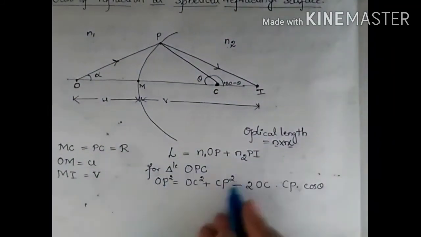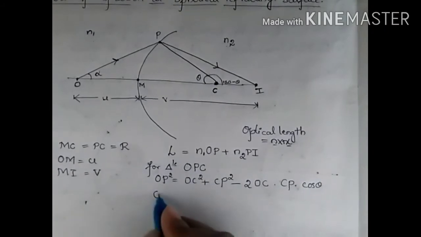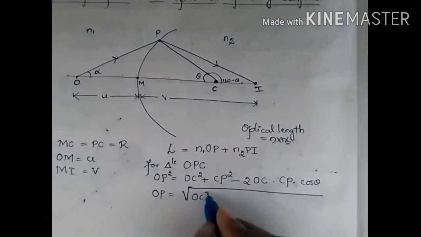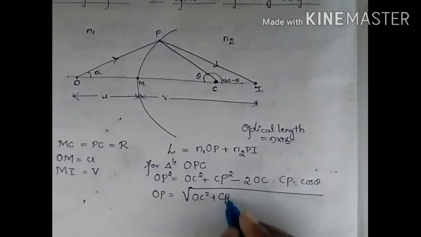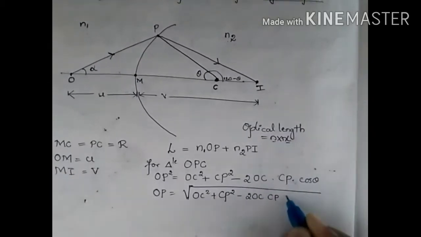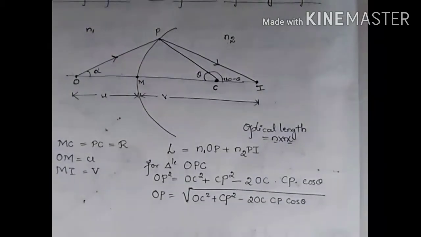So OP will be root over OC square plus CP square minus 2 OC CP cos theta.